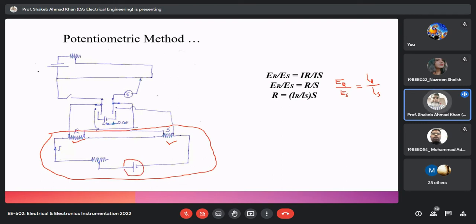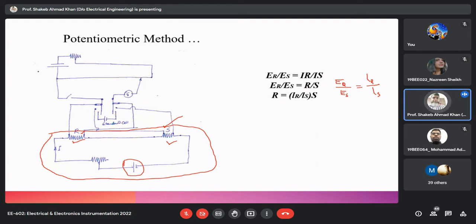So obviously, because of this voltage source, a current will flow, and that current's voltage drop will take place across R as well as across S, and the value of S is accurately known, R is unknown. Then what we do, we use the potentiometric method to measure the voltage drop across R as well as S. So you know, when the potentiometric method is used to measure the voltage drop across R and S, your potentiometer won't draw any current.